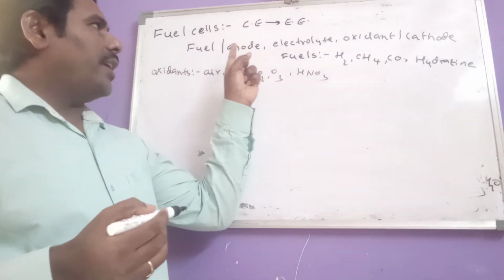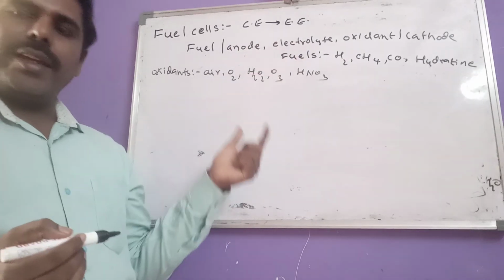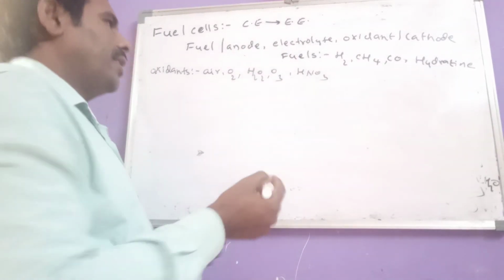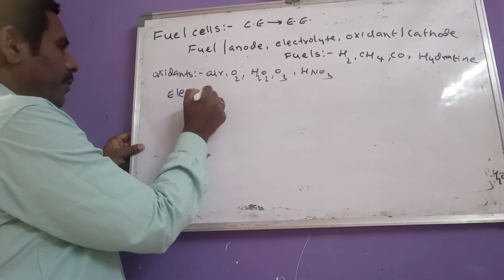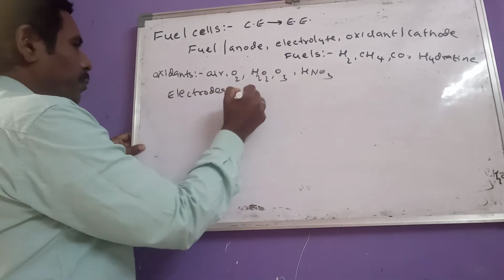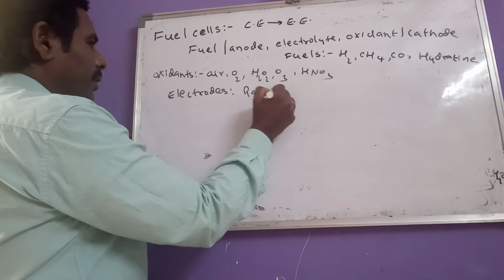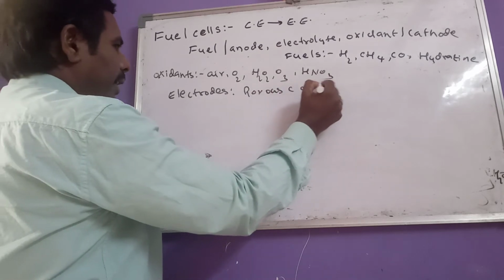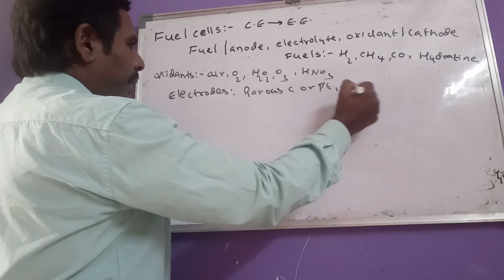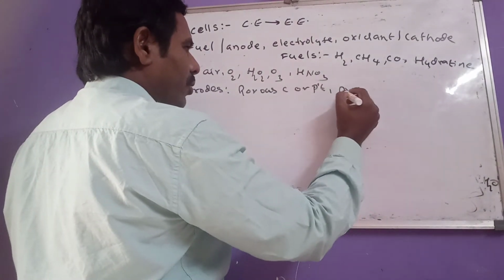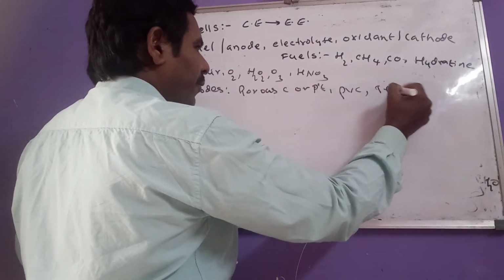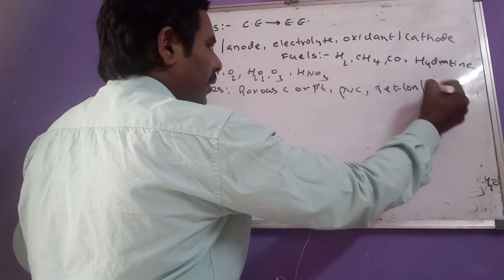And what are the electrodes we are using in the case of fuel cells? Electrodes, see here: porous carbon or platinum, PVC, or we can use Teflon coated with silver.